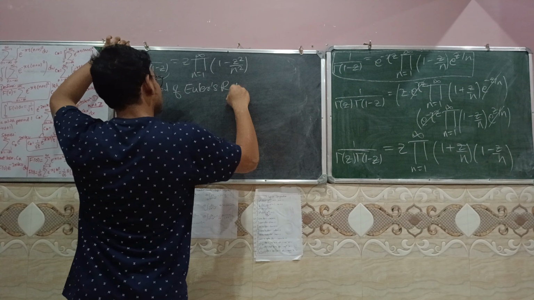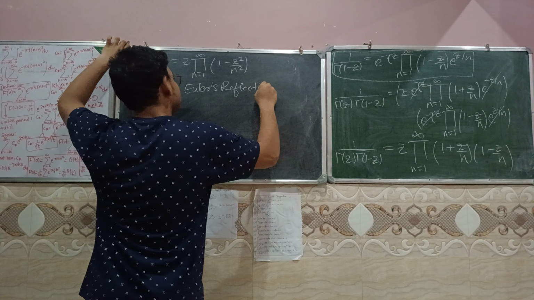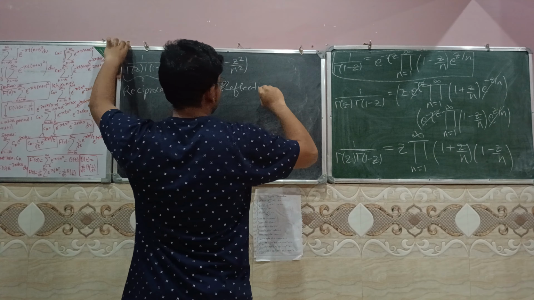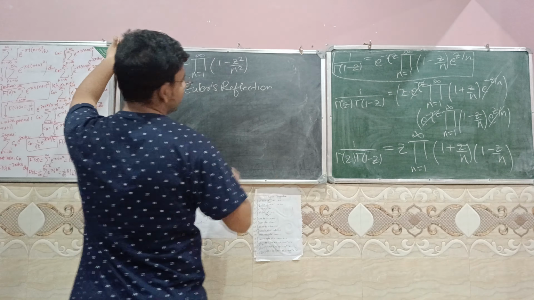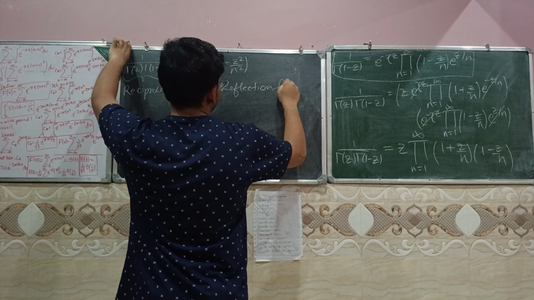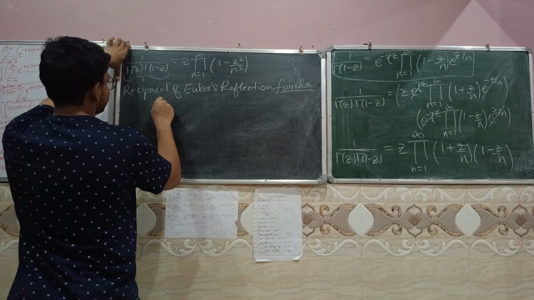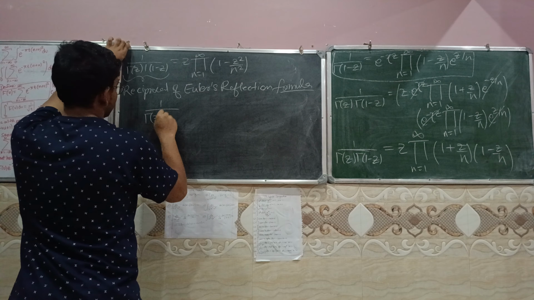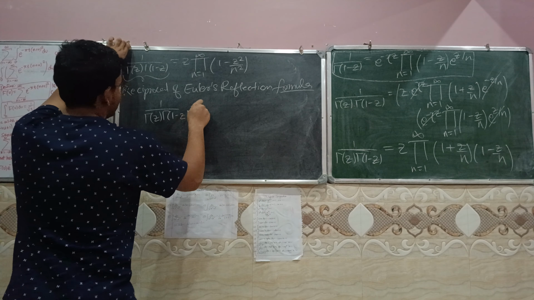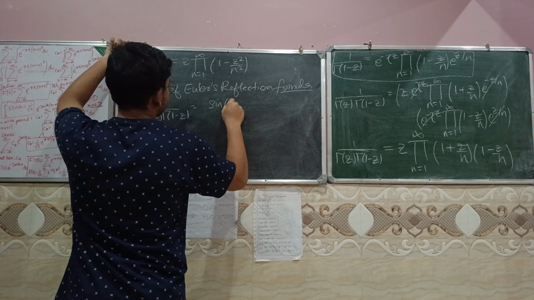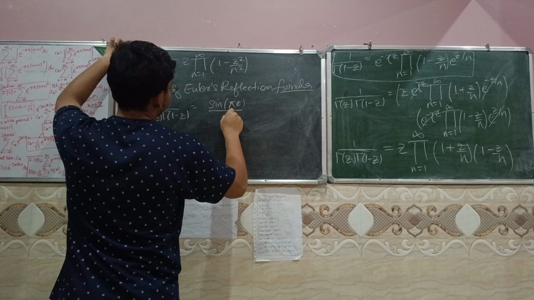Euler's reflection formula, which we have talked about in the previous video, as well as in a lot of my past videos, and I have even proved that thing. So the reciprocal is sine of pi z over pi.